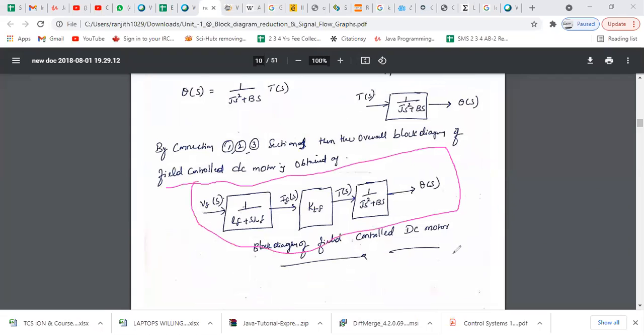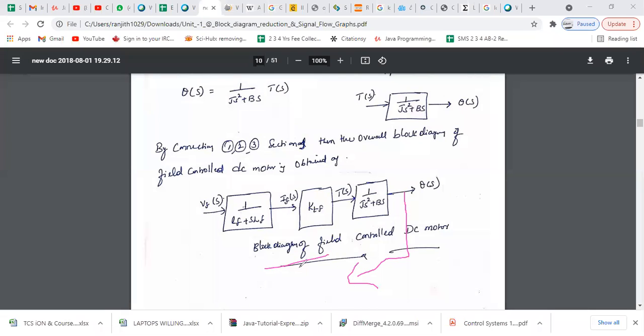It's very simple. The only difference between armature and field control is KB, the back EMF constant.